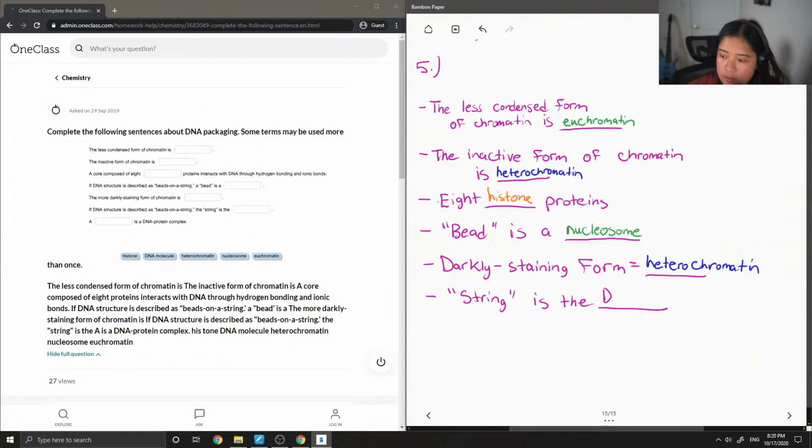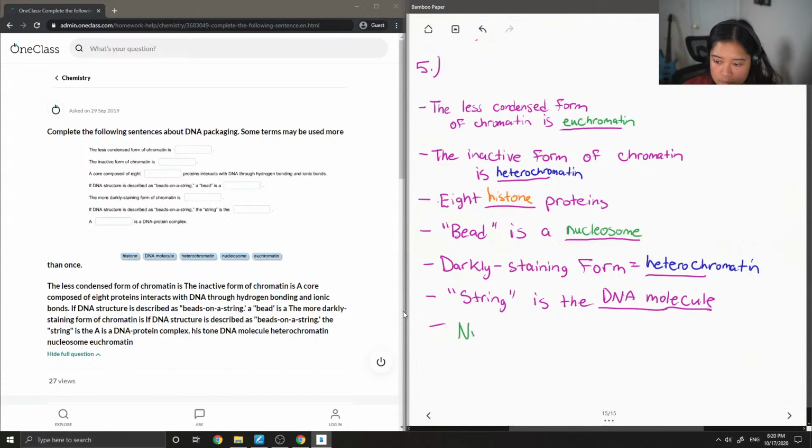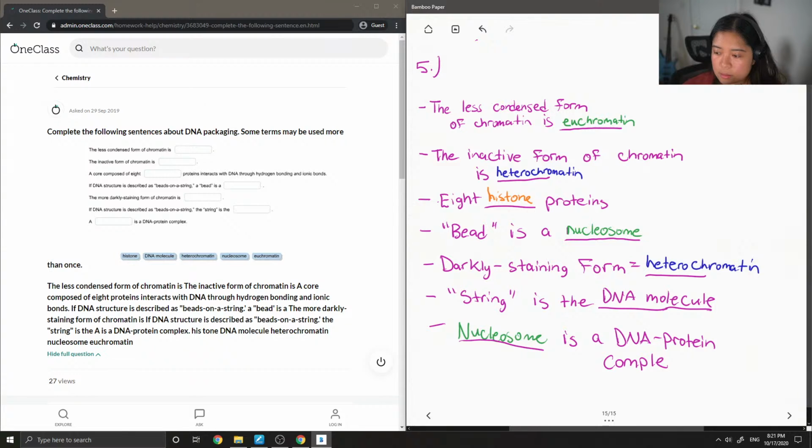So the string is your DNA molecule. And then lastly, a blank is a DNA protein complex, a nucleosome. So a nucleosome is a DNA protein complex.